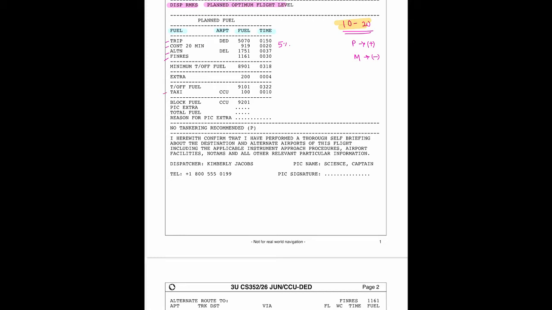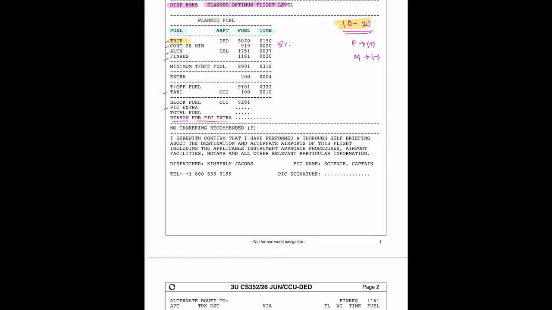And if the PIC takes any extra fuel, PIC means the pilot in command, if he or she thinks there will be a weather component or we will have any diversion or the like, they can take extra fuel, but you have to give a reason for the extra fuel. Okay, so generally we don't take any extra fuel actually.